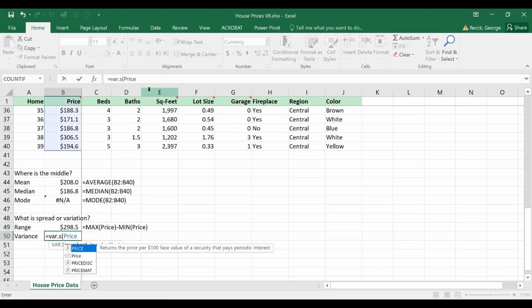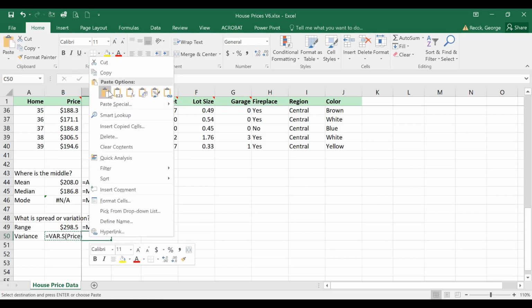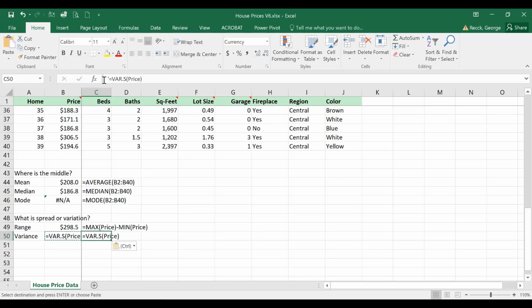But here, I can just type in price. A lot of people find that that's a lot easier. And now I have my variation for price, a variance, I should say. The variance tends to be a fairly large number. And to be consistent, I will copy B50 over to C50 and get rid of the apostrophe in B50.